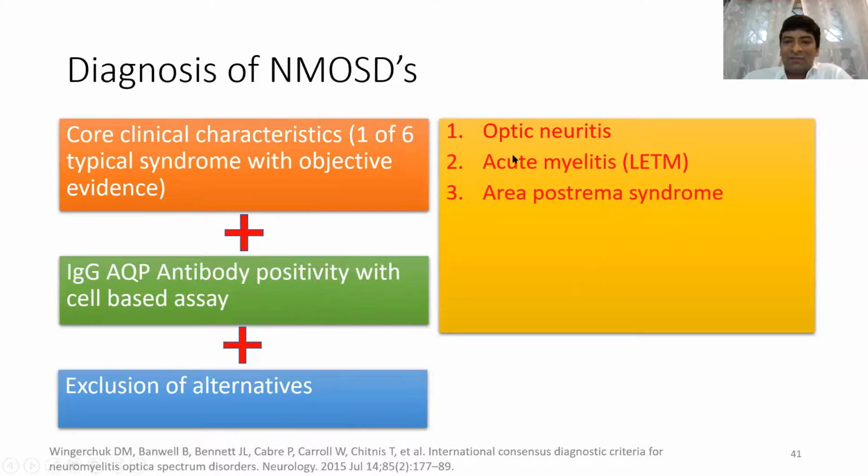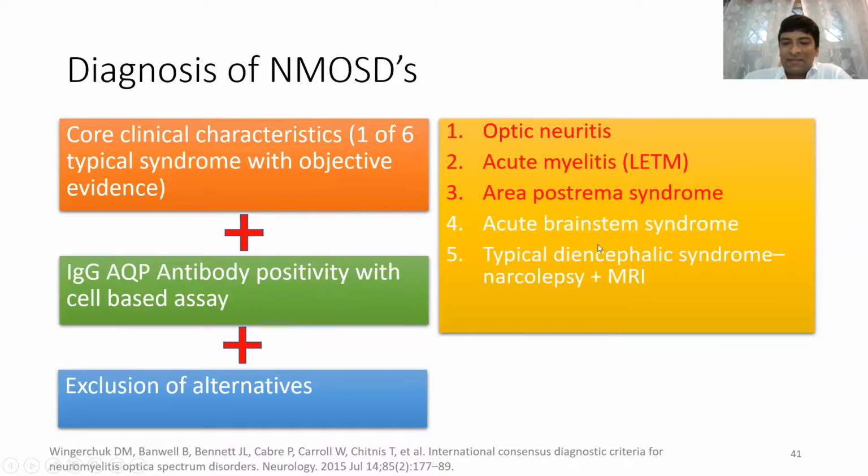So if we have 2 of these simultaneously, they are sufficient to make a diagnosis even in an antibody negative case. But the less typical sites are the acute brainstem syndromes, various types, the diencephalon syndromes, which involve thalamus and hypothalamus, which often presents with narcolepsy, and some brain syndromes as well.